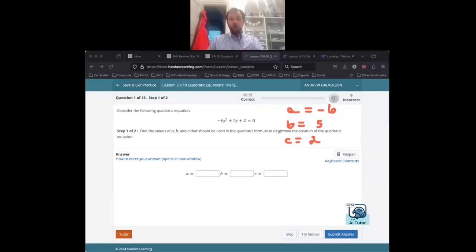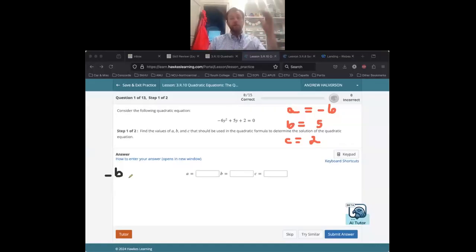Cool so far? Okay, so now what? Now this is the thing people have nightmares about. This is the formula. It says the opposite of b. It doesn't say minus b, it says the opposite of b. So if b is positive, the opposite is negative.